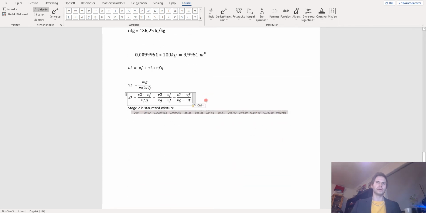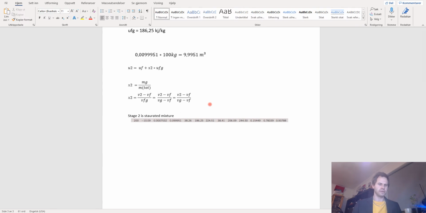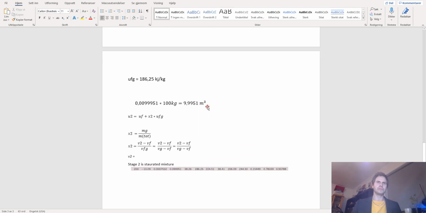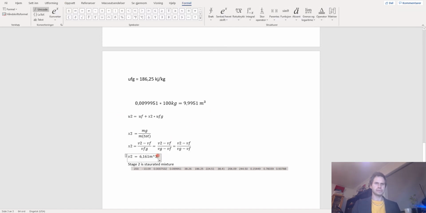Oh yeah, V2. We find V2. V2 equals, that's easy. That is just, what was it? 6.161 cubic meter, and then divide it by 100 kilo.